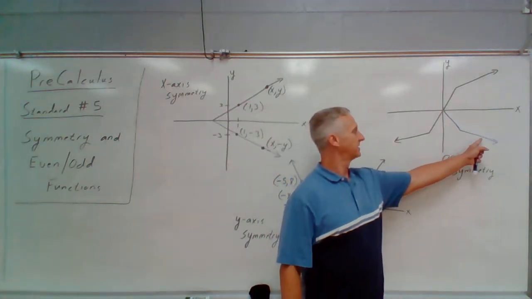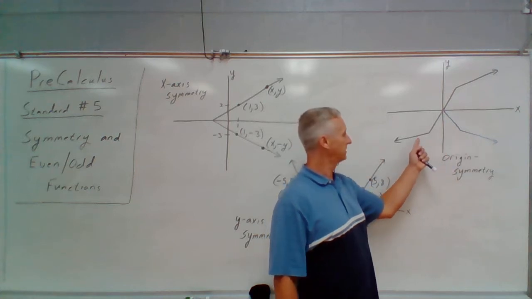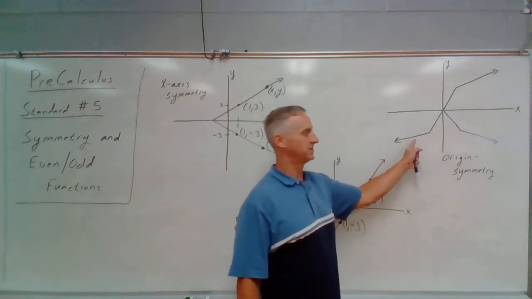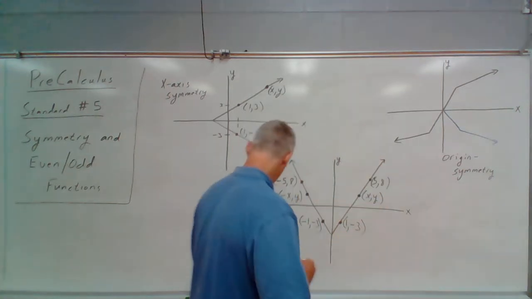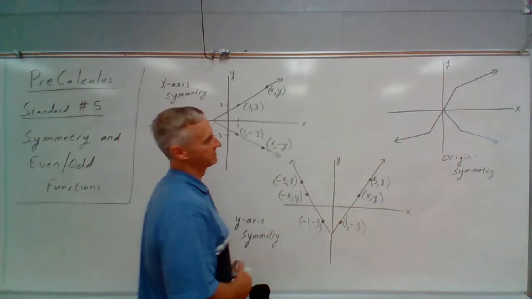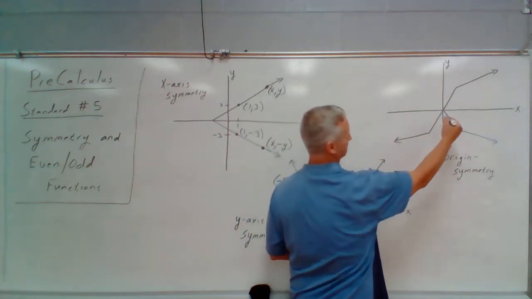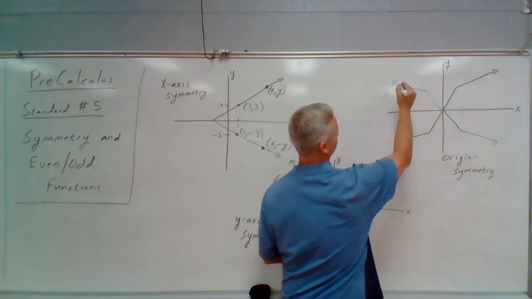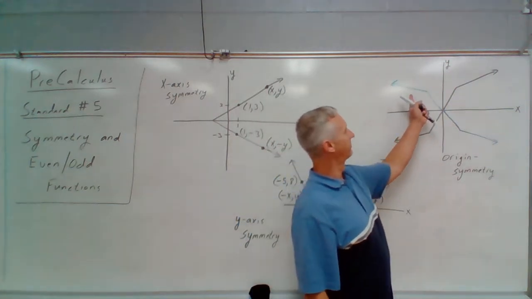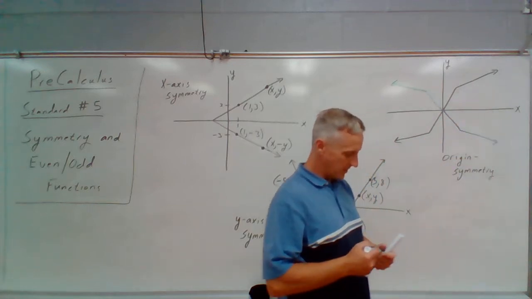Then if I reflect this blue part across the y-axis, it'll match up exactly with that. Imagine now we took the other part of the graph, so say this chunk, we flip it across the x-axis, it would look something like this. And then if we reflect that across the y-axis, we would get this part.